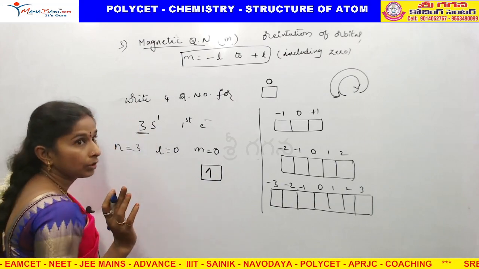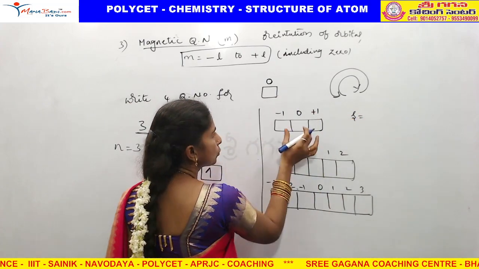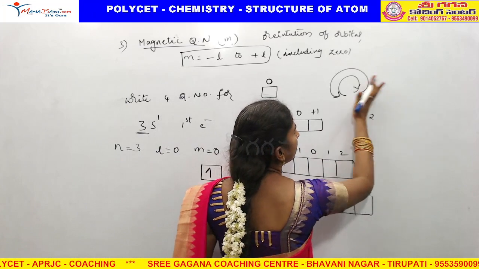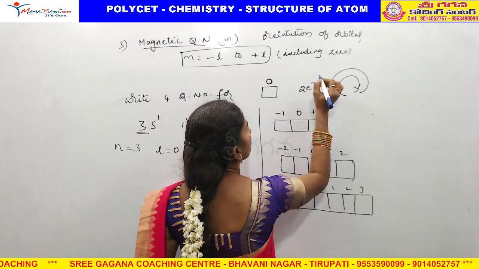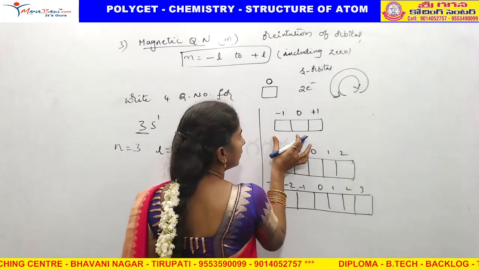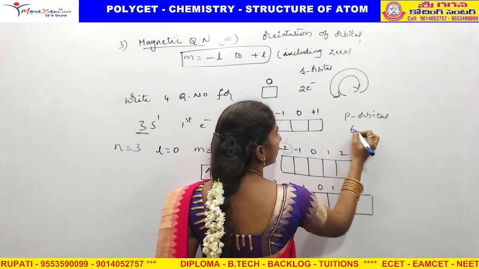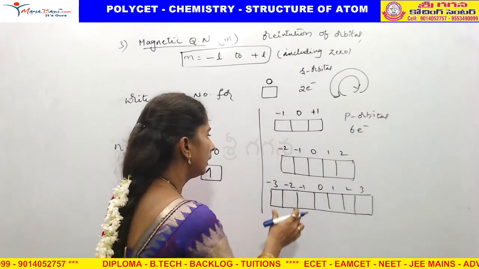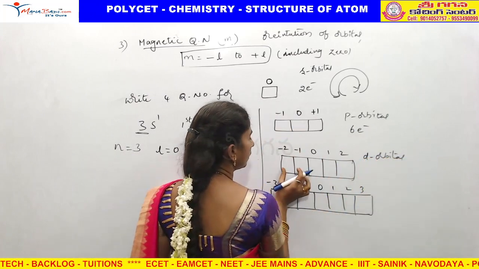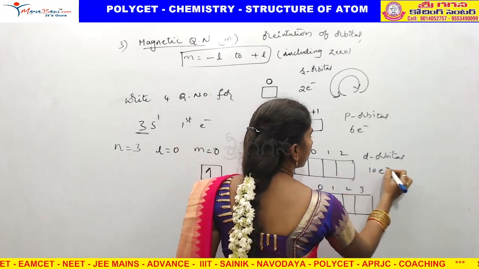We know that each s orbital box can accommodate 2 electrons. This is a p orbital. How many electrons can a p orbital accommodate? Yes, correct, 6 electrons. A d orbital has 5 boxes, we should not call them boxes, but for our convenience, 10 electrons.